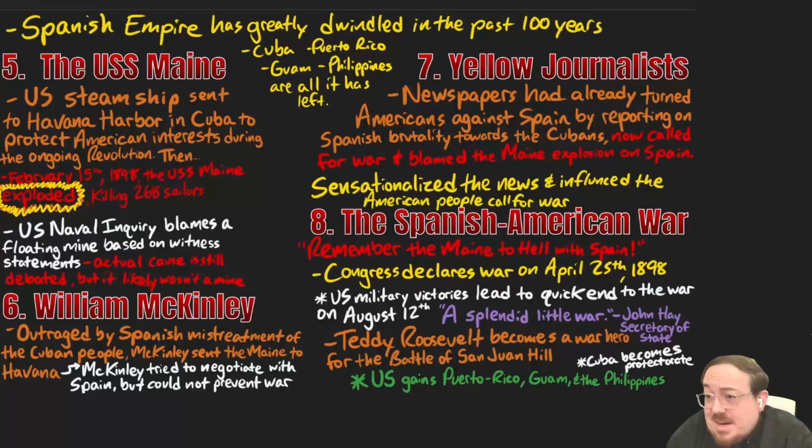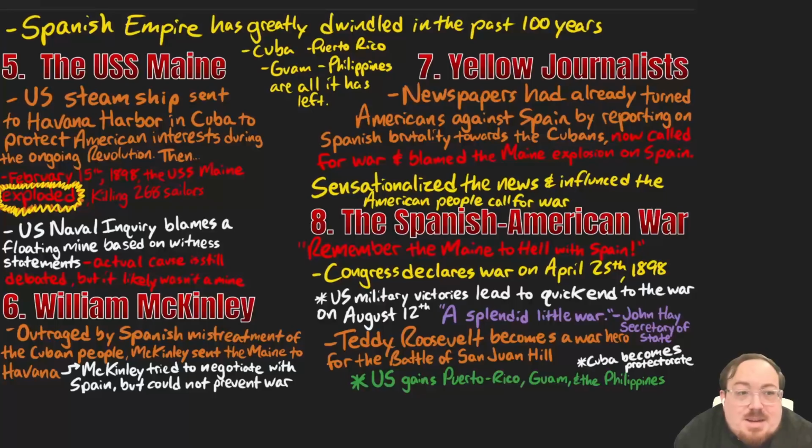We didn't know this at the time. In fact, a U.S. naval inquiry will blame it on a floating mine. And this angers a lot of Americans and forces the government to basically call out the Spanish and accuse them of destroying one of our ships and killing our sailors.